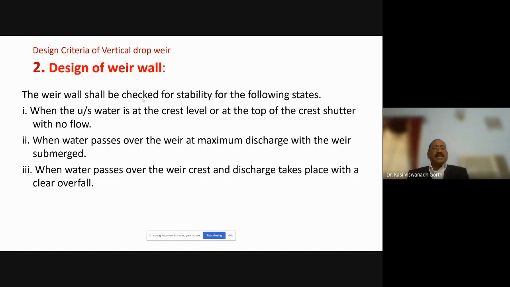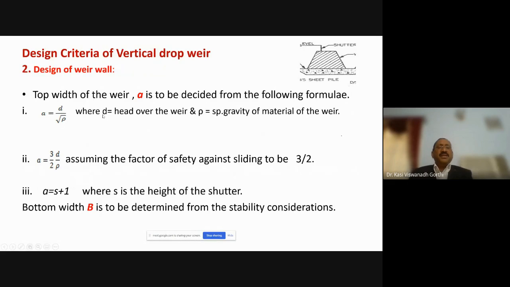Third condition to be checked is whether, when the water passes over the weir crest and the discharge takes place with a clear overfall, it is not submerged. In that case also, the weir must be safe. So we need to test after arriving at the dimensions of A and B. We need to test for all the three stability parameters, and it must be safe against all the three.